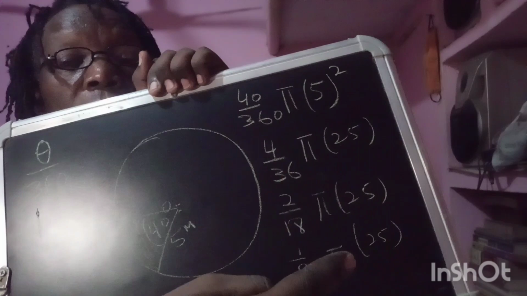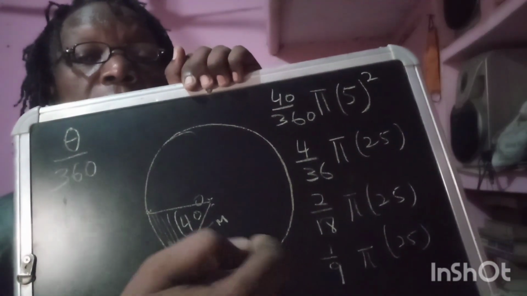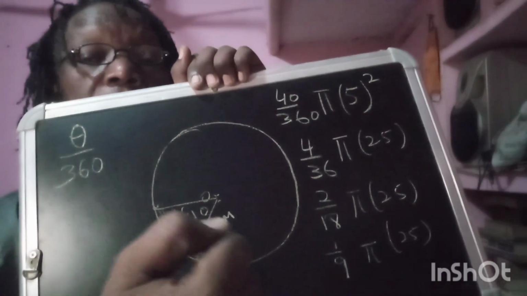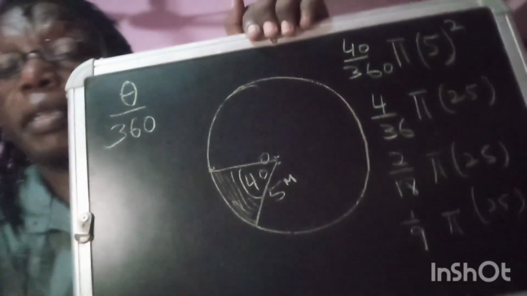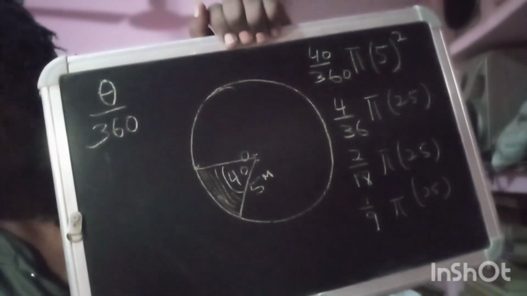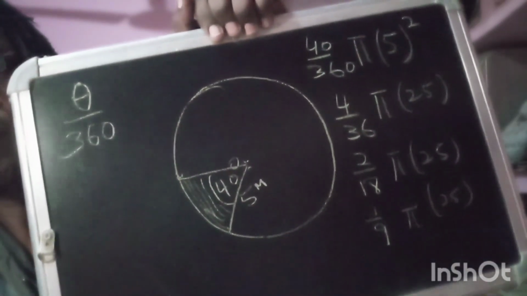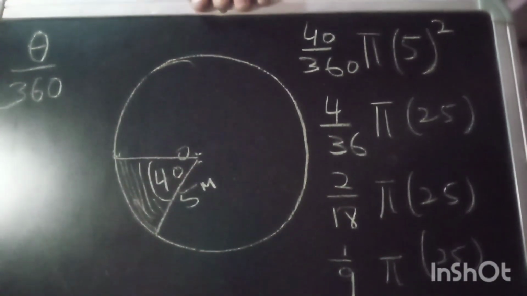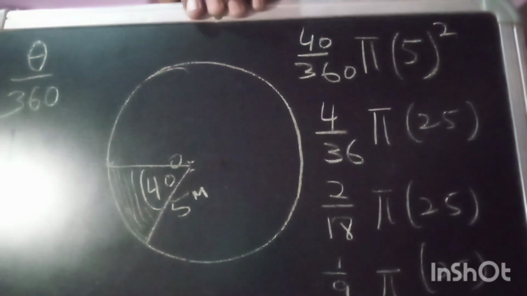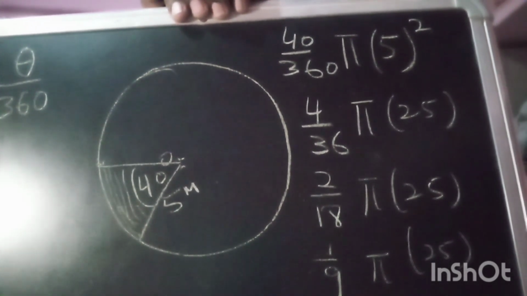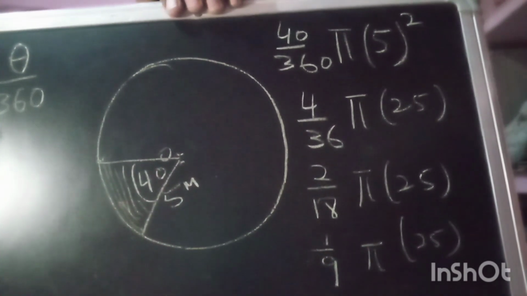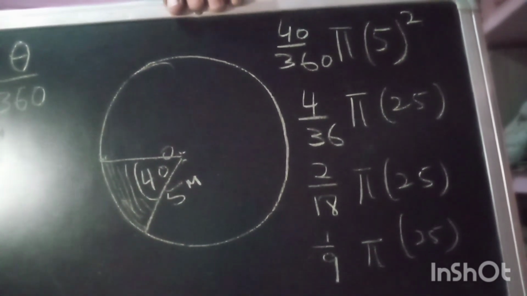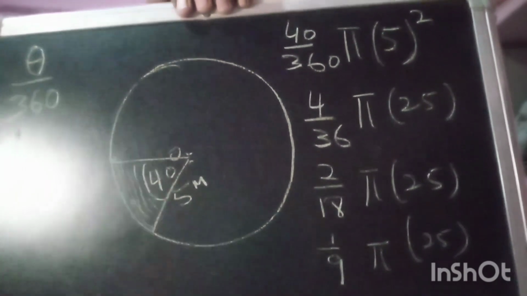And if you plug these values in, you're going to get the area of this shaded part, not the entire circle. That's how you calculate the shaded area of that entire circle.